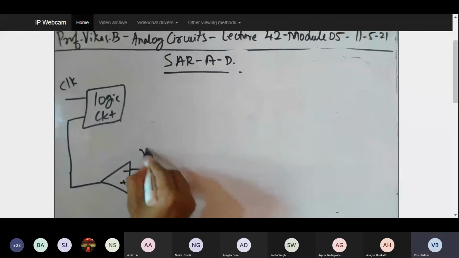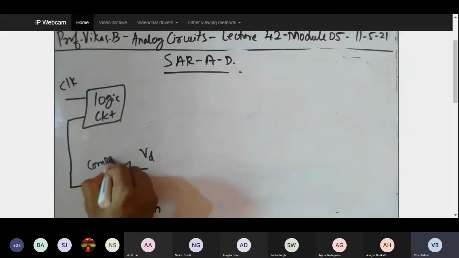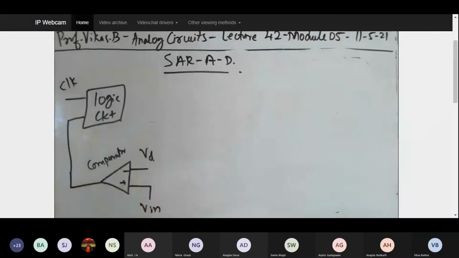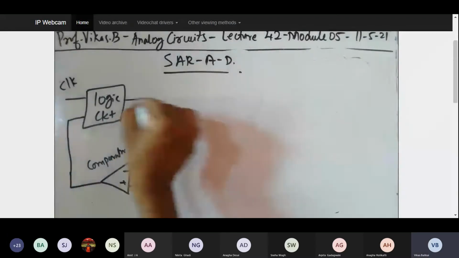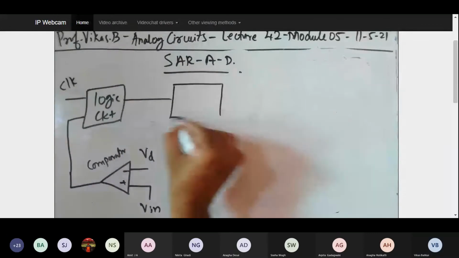So this will be my VD. This will be my V. This is my comparator. And I'll tell you what exactly SAR means and what exactly it is going to do.